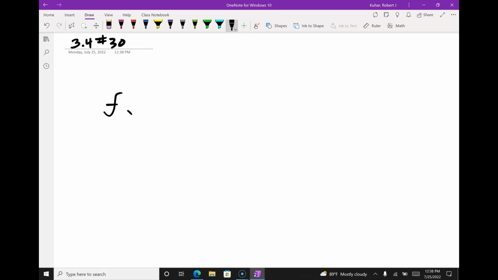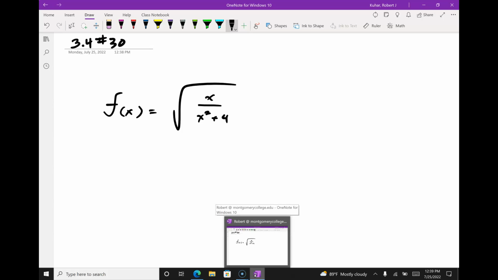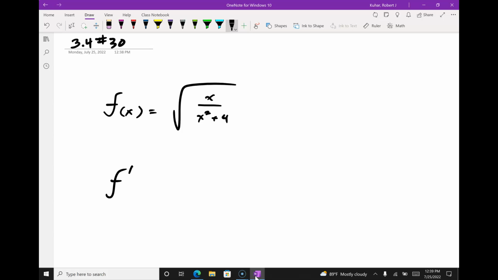So if f of x is the square root of x over x squared plus 4. So I clearly have a fraction, right? So I'm definitely going to use quotient rule. I have to also make sure I'm doing the chain rule.